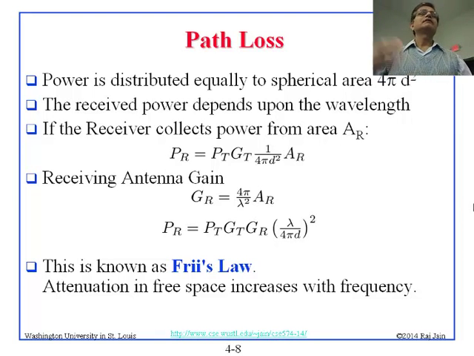The symbol is d, but it is the radius, right? d is the distance. So 4 pi d square is the spherical area, right? If you just put an antenna which has an area AR, then you will get only AR upon 4 pi d square of the power.